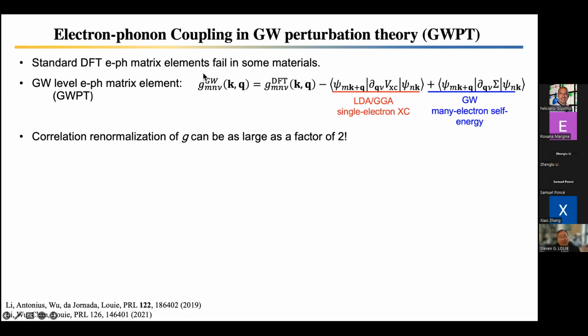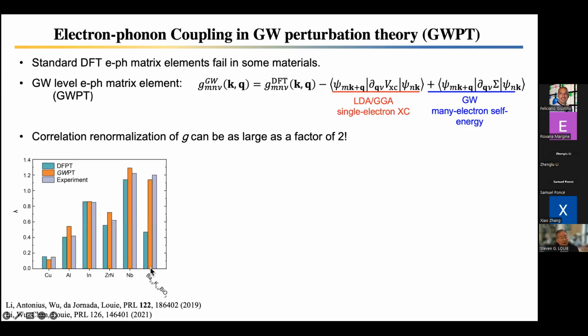That is, in the calculation of the matrix element g, we take away the contribution due to the exchange-correlation potential from a standard calculation, and then replace it with the contribution due to the self-energy at the GW level. It turns out that this kind of self-energy effect can renormalize g by a large amount, by as much as a factor of 2 in some materials.